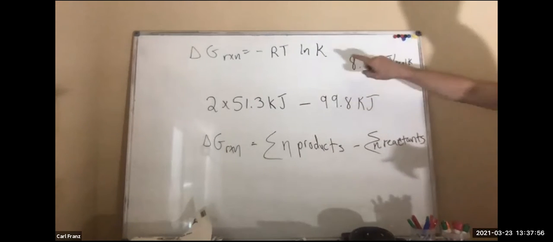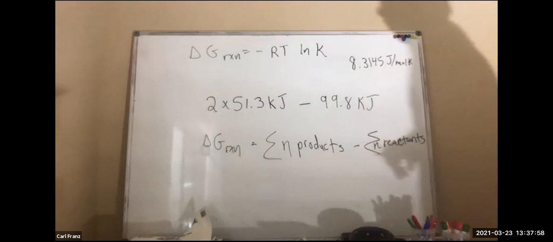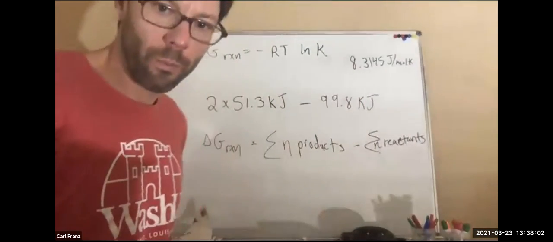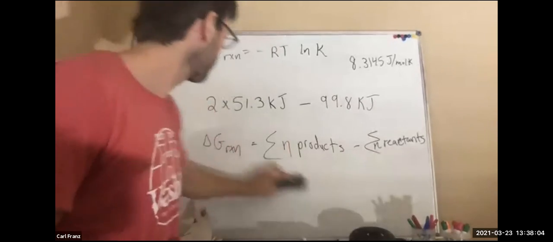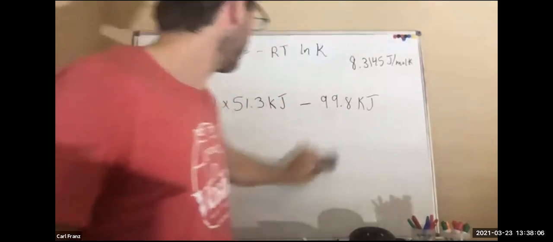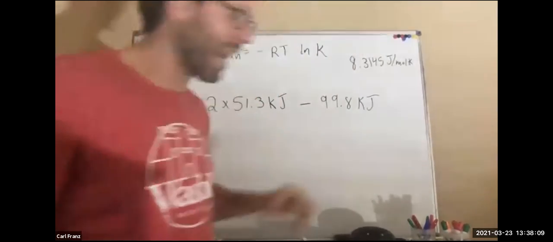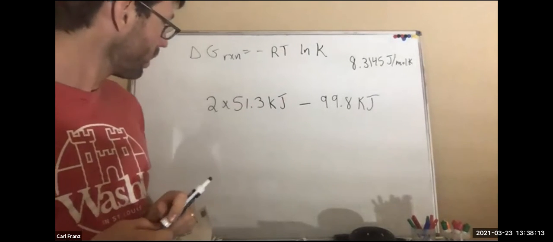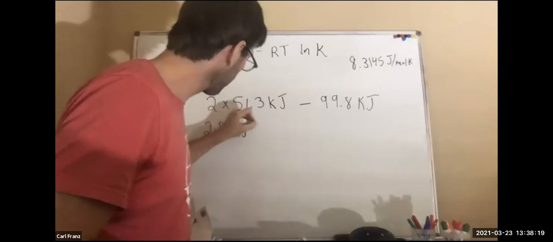So that's where we get the 2 times 51.3, because in that reaction, the coefficient is 2. So what's 2 times 51.3 minus 99.8? 2.8. Okay. 2.8 kilojoules.